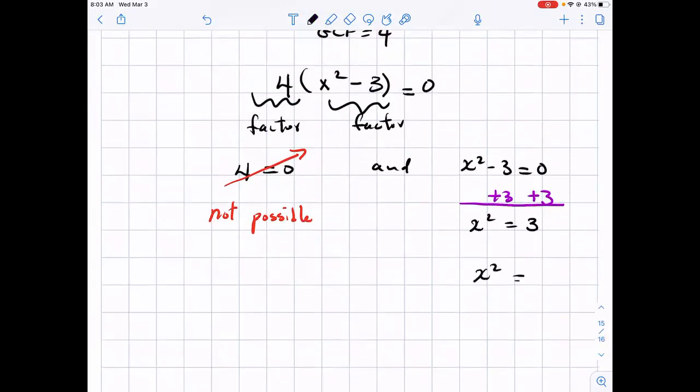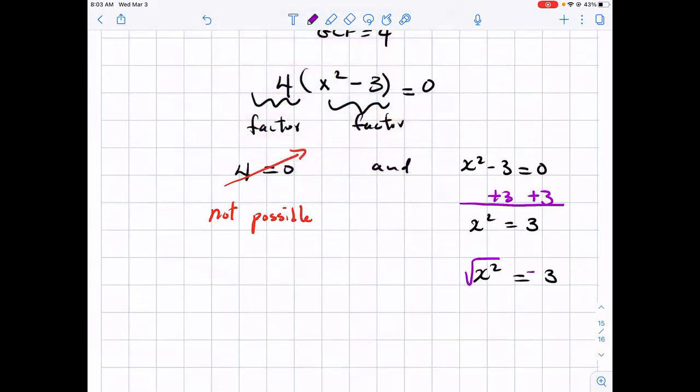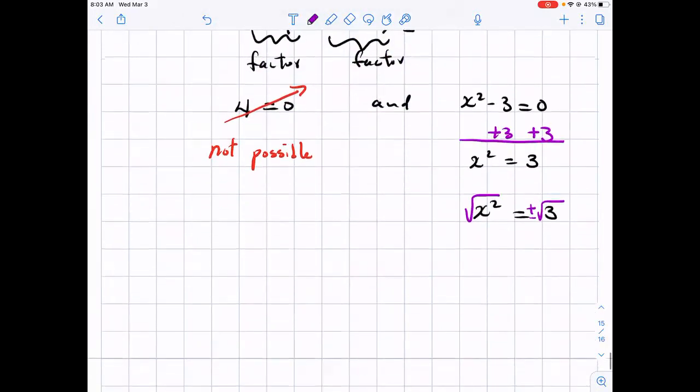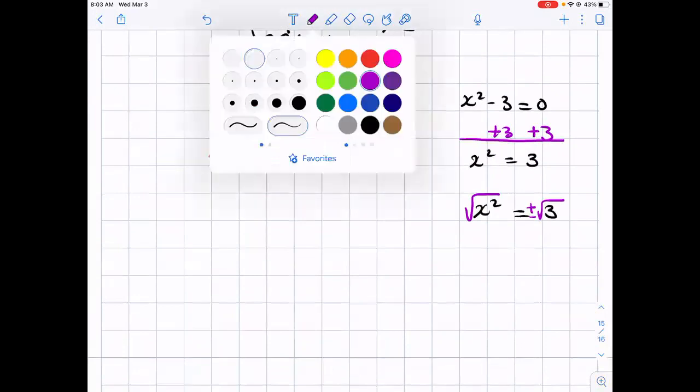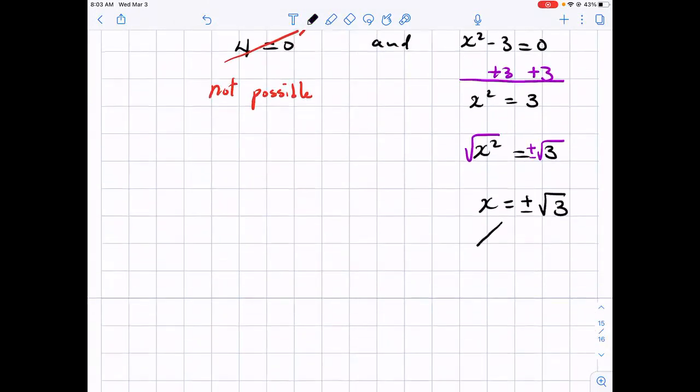Then we take the square root of both sides, and don't forget, you'll end up with a plus or minus there. So x is equal to plus or minus the square root of 3, which really means x is equal to the square root of 3 and x is equal to minus the square root of 3.